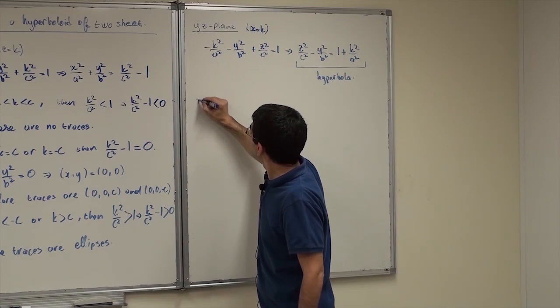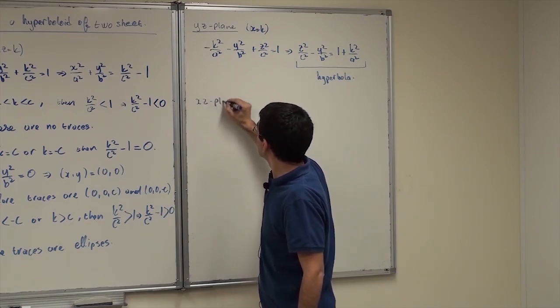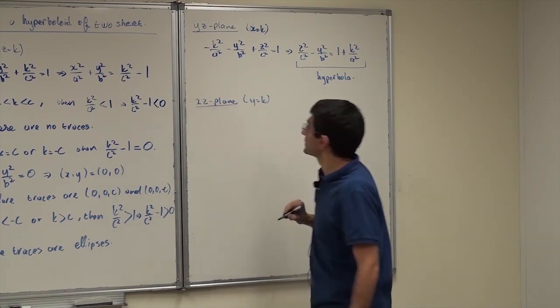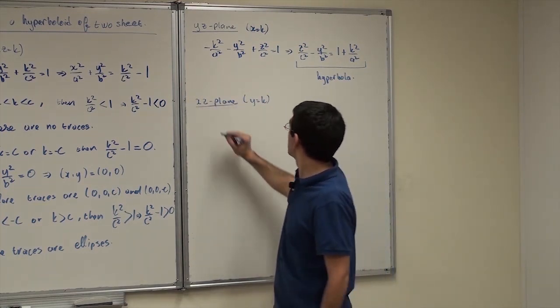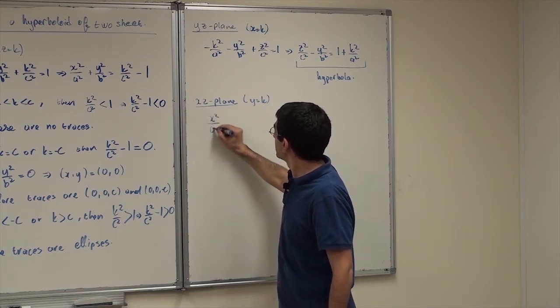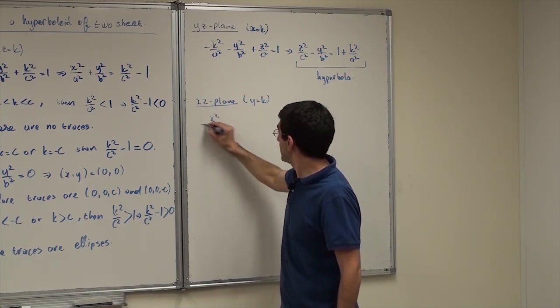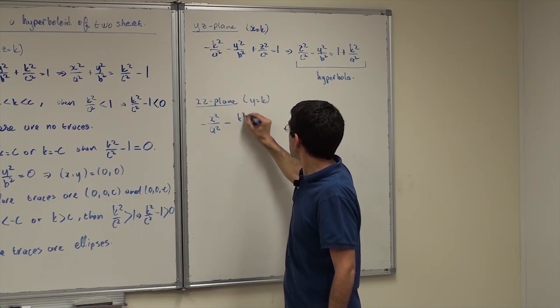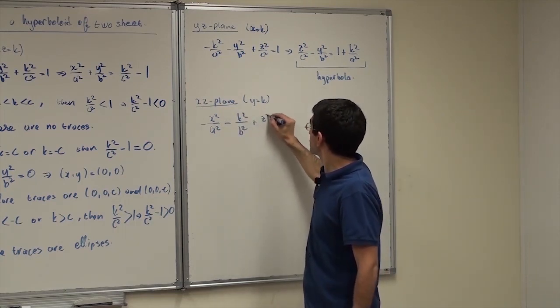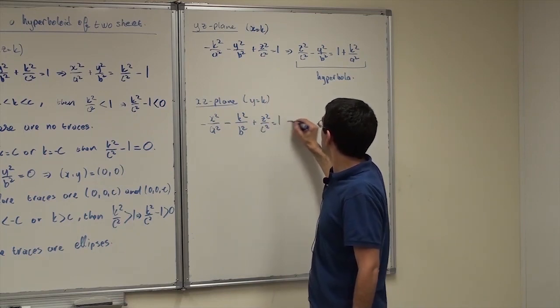Last trace along the xz plane, which means we are going to intersect the quadratic surface with the plane y equals k. x squared over a squared negative minus k squared over b squared plus z squared over c squared is equal to 1.